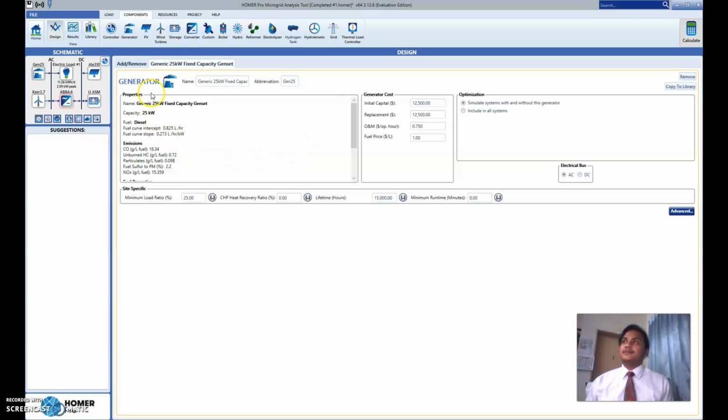This generator has a capacity of 25 kilowatt, fueled by diesel. The initial capital cost of the generator is $12,500, same as the replacement cost, where we need to replace it with a new one if the older one breaks.